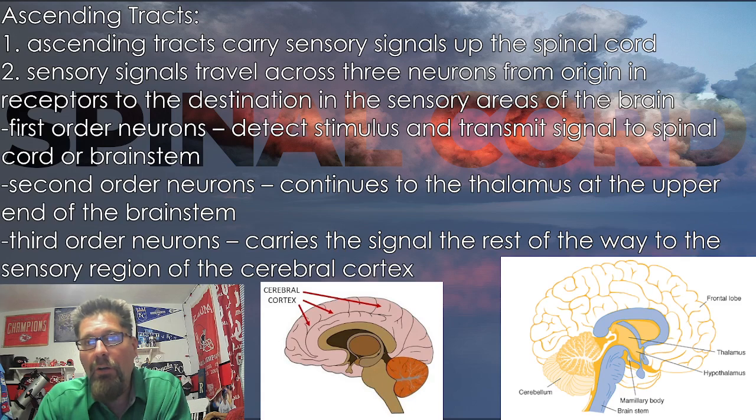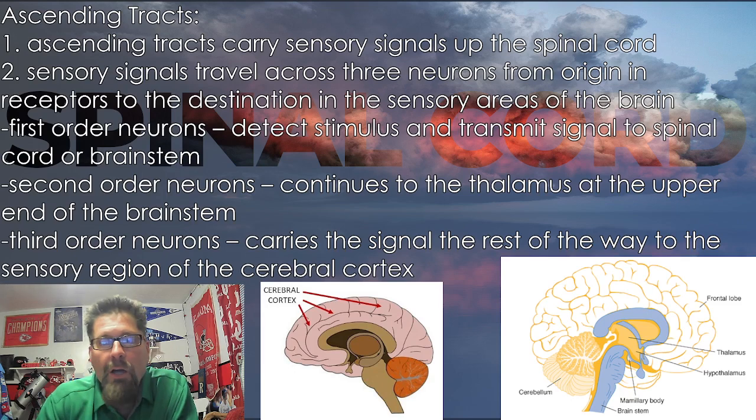And you can see all this, but just to highlight it, there are 3 orders of neurons, and this doesn't refer to what type of neuron they are, unipolar, bipolar, that kind of stuff. Just the pathway. So wherever the stimulus is, as it travels to the spinal cord, that's a first order neuron, that section of the pathway.